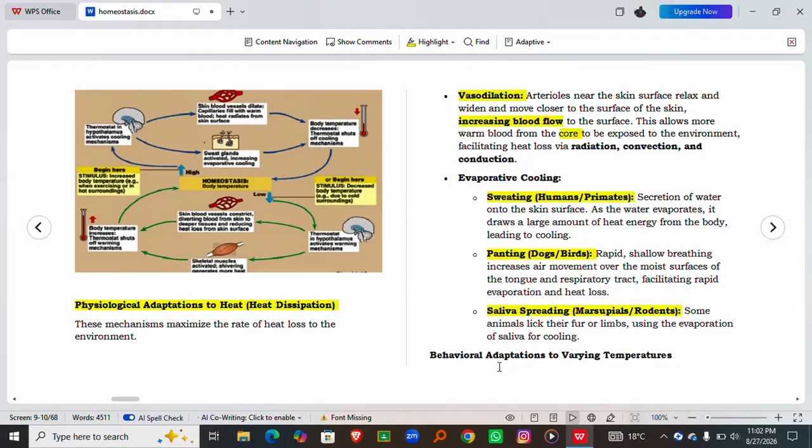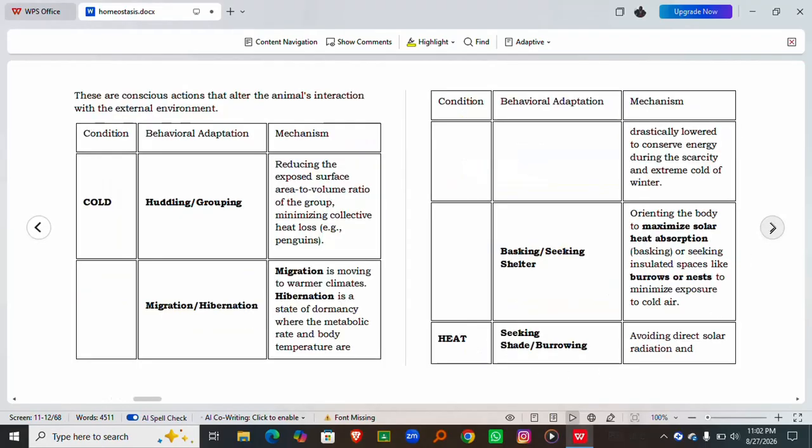Then we have behavioral adaptations to varying temperatures. We shall look at the behaviors that animals show during the cold. Then we shall look at the behaviors that animals show when temperatures are too high. One of them is huddling or grouping.